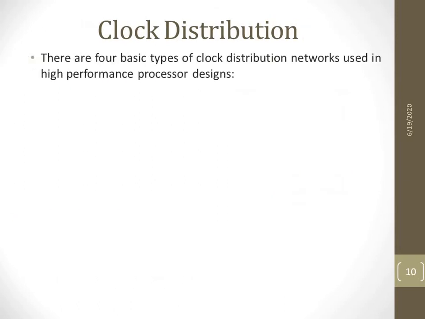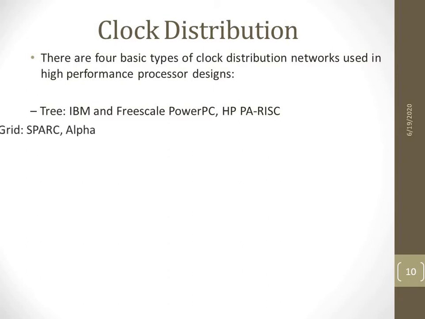Next metric, moving on to clock distribution. There are 4 basic types of clock distribution networks used in high performance processor design. That is tree, for which we can take the examples of IBM and Freescale PowerPC and the HP PA-RISC processor. These are implementing tree.